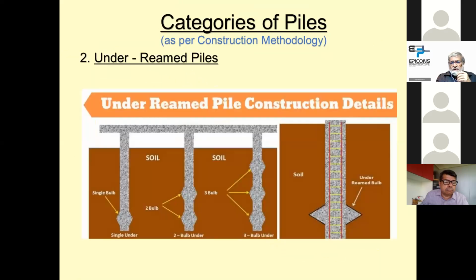Now, under-reamed pile. These are the piles which have a bulb underground. So it can be single bulb, double bulb, three bulb, depending on the requirement. The right-hand side picture shows that there is a reinforcement cage with ties, and there is no reinforcement in the bulb.